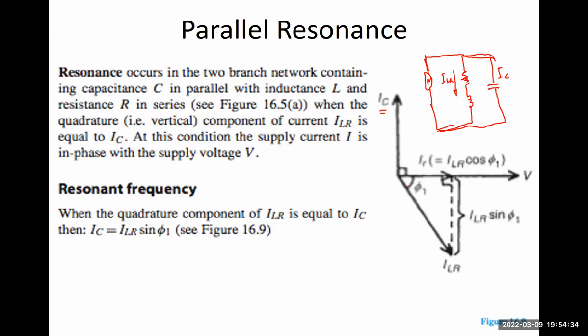So we could see that this is the resulting ILR, and this will now be our voltage V. So the ratio between them, this height, this magnitude here is equal to your ILR sine phi sub 1.